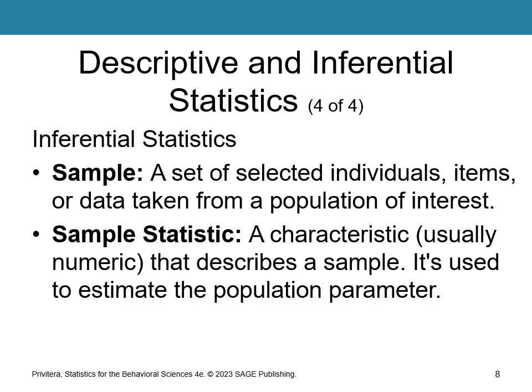Then we study that sample and use inferential statistics to make educated guesses about the larger population. A sample statistic is a characteristic of the sample, and we use it to estimate what the population parameter might be. This is the heart of inferential statistics.